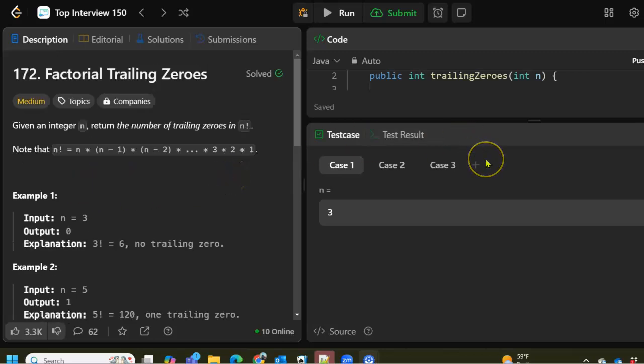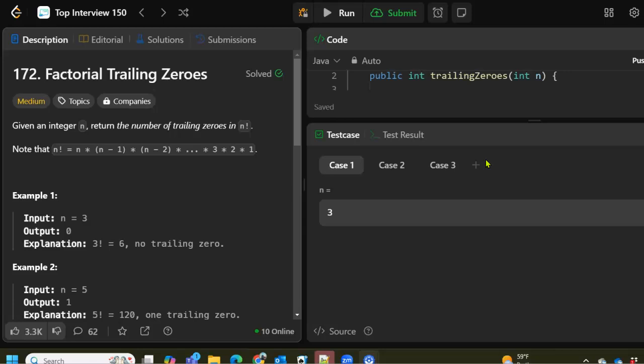All right, the solution to this depends on a couple of observations. One is that trailing zeros are created by the product of the factors 2 and 5. Now, the factorial of any number is going to have more factors of 2 than factors of 5, because every even number has a factor of 2.